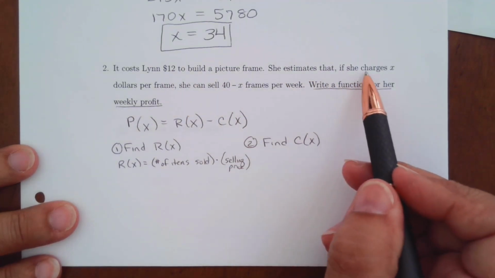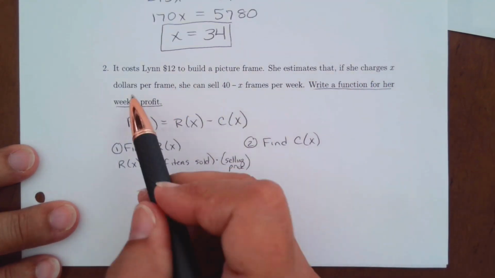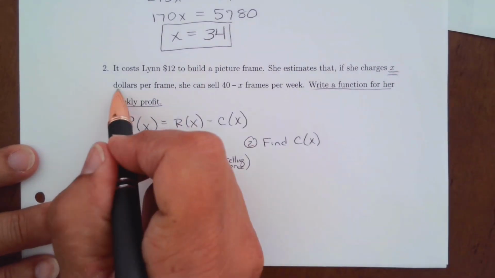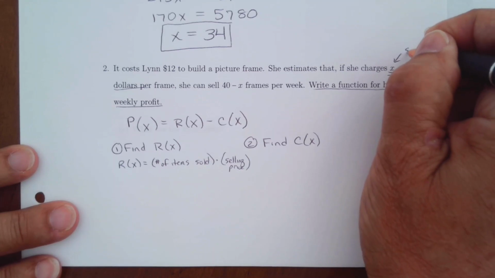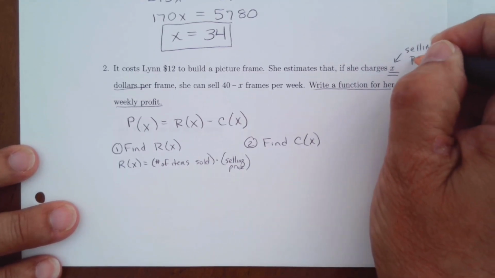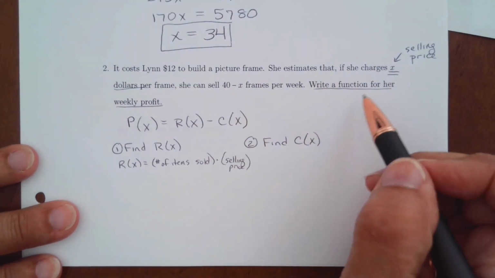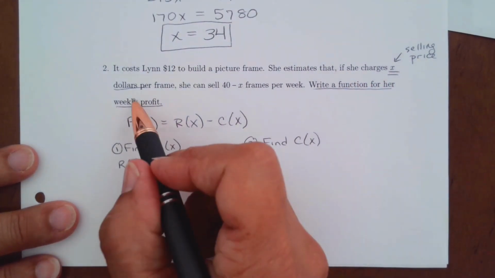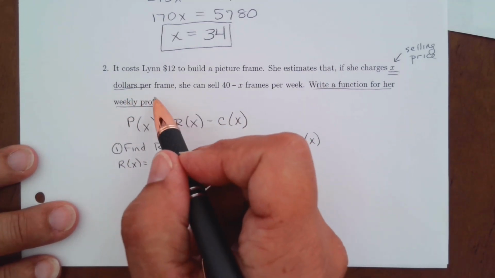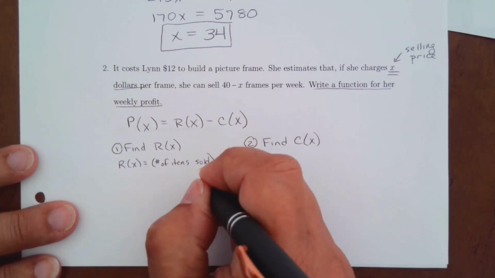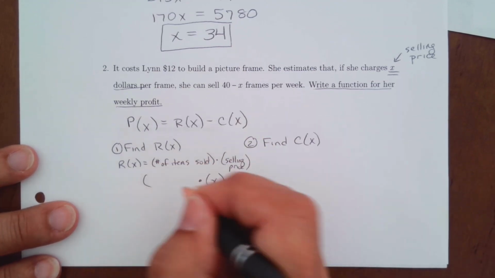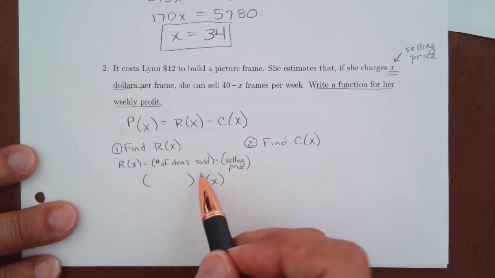She estimates that if she charges X dollars per frame, so X dollars per frame is the selling price, right? That's not the cost in this problem, so you gotta be careful. That's the selling price, so I know the selling price is X. What about the number of items sold?